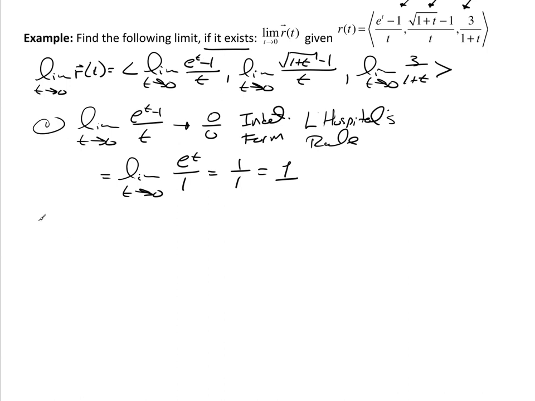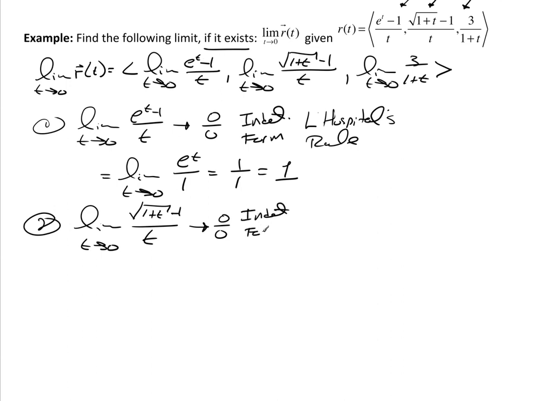Now, the second one, I'm going to take a look at the limit as t goes to 0 of (the square root of 1 plus t, minus 1) over t. As t goes to 0, I have 1 minus 1 in the numerator, which is 0 over 0. So this goes to 0 over 0, which is another indeterminate form.